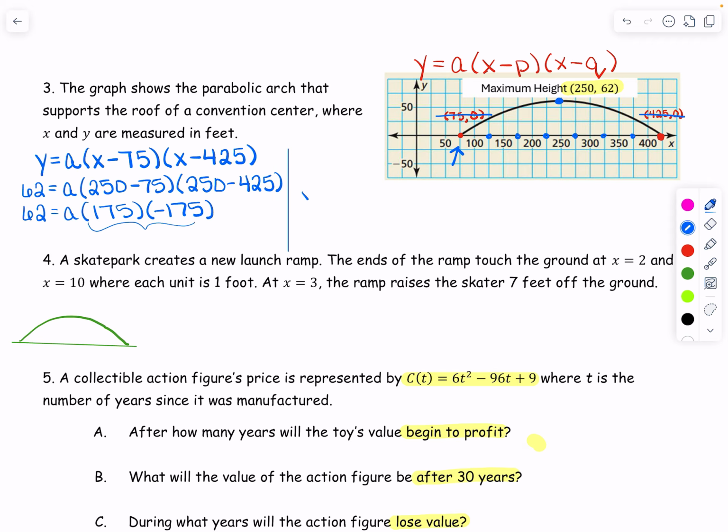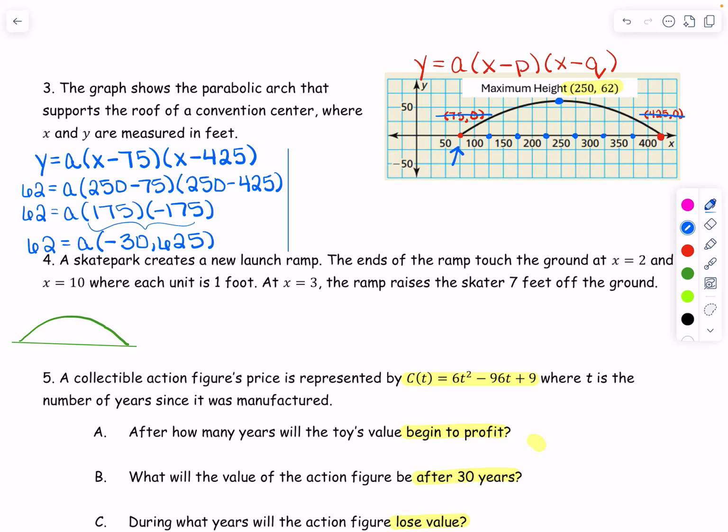When I multiply them together, I have 62 equals A times negative, now this is going to be a big number, so it's like negative 30,625.